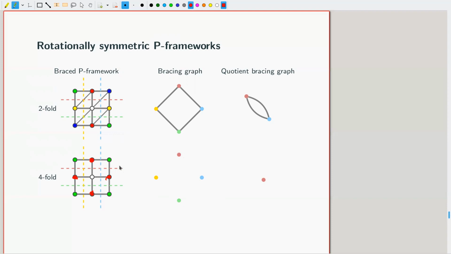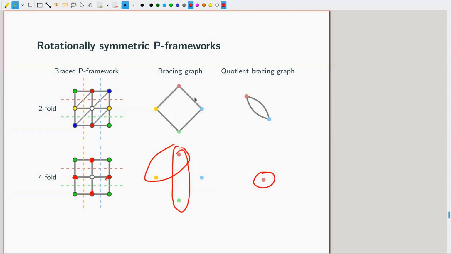So the red ribbon and the green ribbon, because by rotating by 180 degrees, they are connected. Because now I have 4-fold symmetry, also the red with yellow are collapsed, and also with the blue one. So actually the quotient bracing graph is just a single vertex, and that's connected. So that's the reason why there is no flex of this framework.